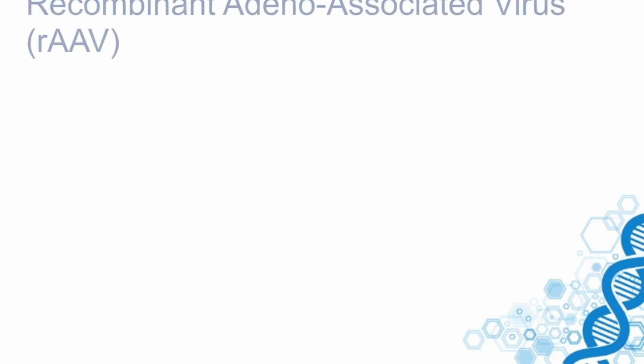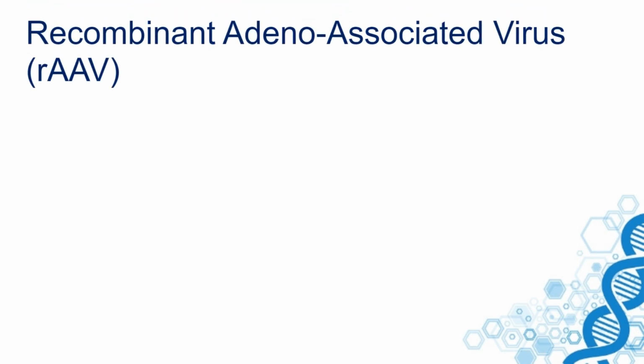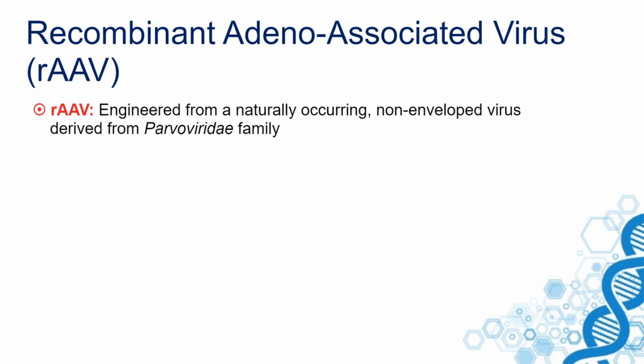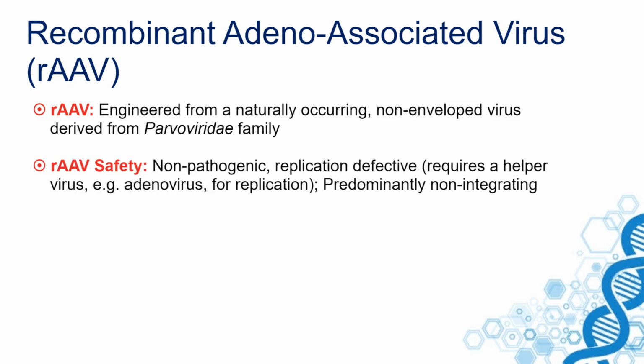So first, a little bit about recombinant adeno-associated or AAV vectors. AAV vectors are engineered from naturally occurring non-enveloped virus derived from the parvovirus family. From a safety standpoint, naturally occurring AAV is not known to be pathogenic and is replication defective, and is generally predominantly non-integrating, which we'll come to later when thinking about safety concerns related to genotoxicity and AAV.